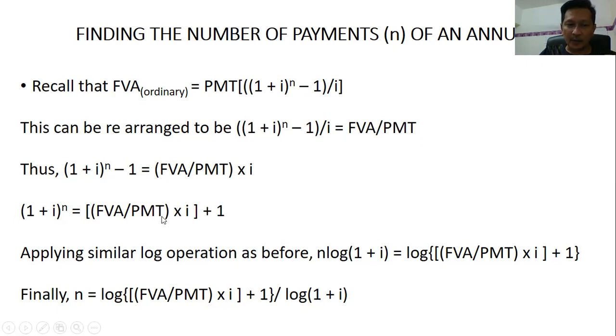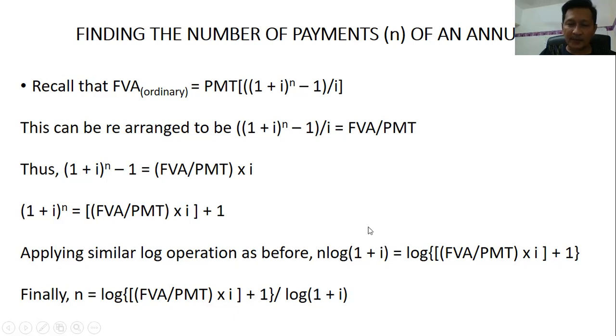Now, at this point, in order to solve for N, what you need to do, similar to what we have seen earlier, is log both the left and the right-hand side. If you can still recall from the previous lecture, the reason we log it is because only by logging it can we take down the N term, which was previously to the power of, which is quite difficult to solve.